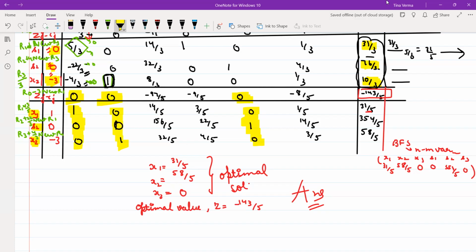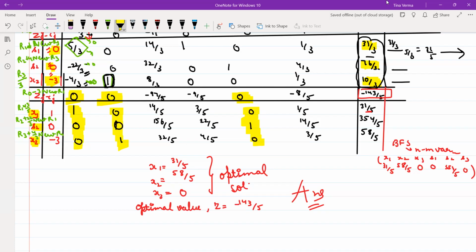This is for every iteration, whatever method you apply, when you are performing your simplex iteration, in the table corresponding to your basic variables, there will always be an identity matrix. Corresponding to those basic variables, you will always have zj minus cj as 0.